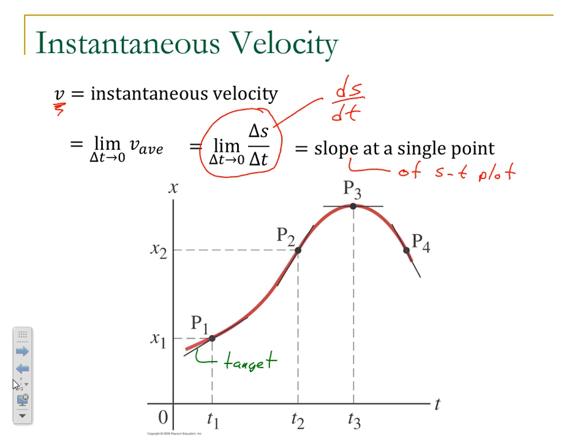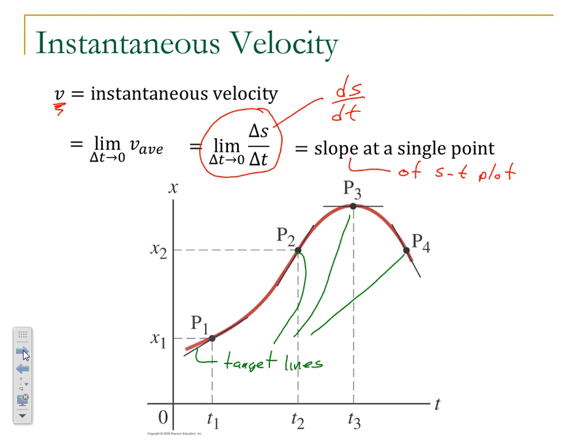At this point 1, the black line has the same exact slope as the red curve. And that slope then would give us the instantaneous velocity at t1. So these are tangent lines. And these are also drawn in for P2, P3, and P4. So if we measure those slopes at those times, that would give us the instantaneous velocity at those times.